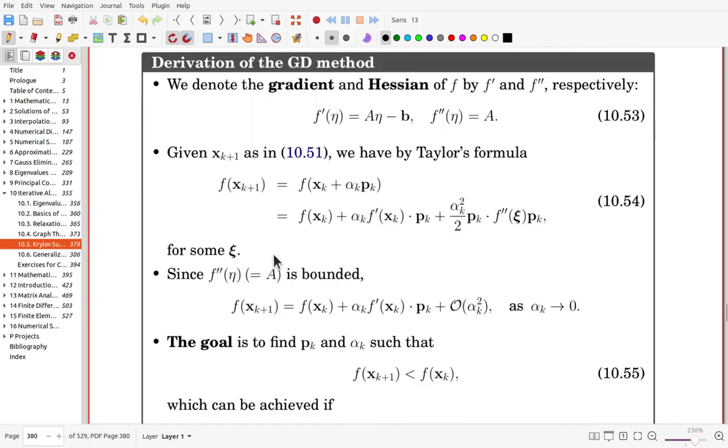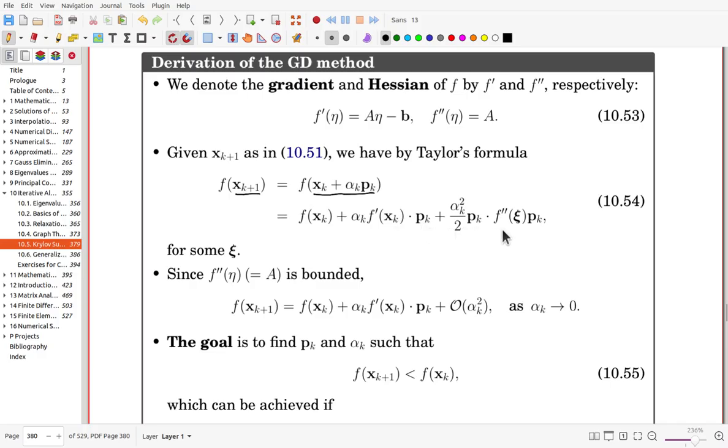Now in the update formula, x_{k+1} is the same as x_k plus alpha_k p_k. So f of x_{k+1} is the same as that. Now we are using Taylor's expansion. Then f of x_k, plus alpha_k and the gradient of f dot p_k.